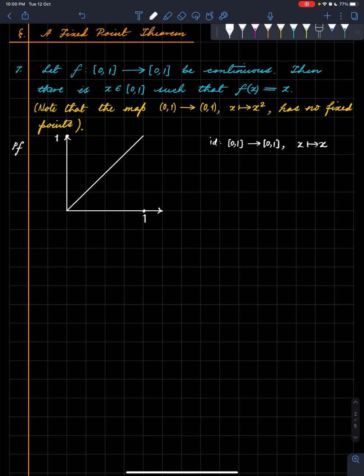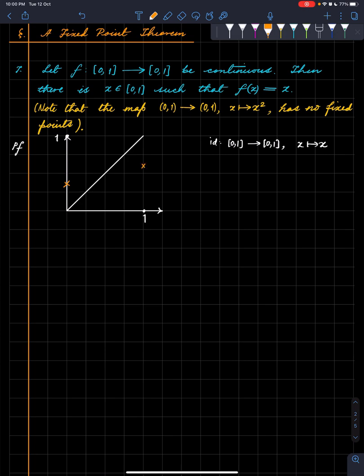Now if f of 0 equals 0, then we are done, because then 0 is a fixed point. So let's say f of 0 is positive. It has to be, because we are already given that f takes values in this interval. And now if f of 1 equals 1, then again we are done, because then 1 would be a fixed point. So suppose f of 1 is strictly less than 1. It's, let's say, somewhere here.